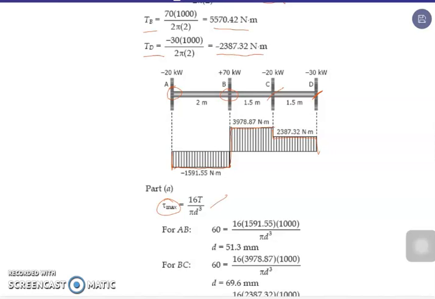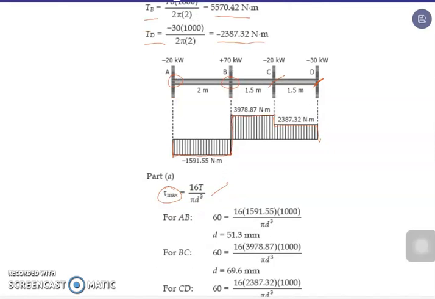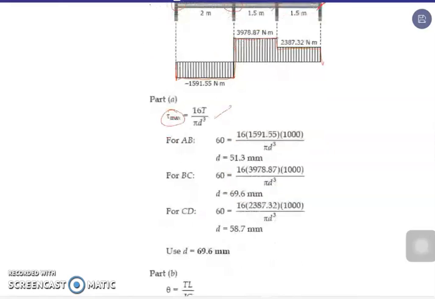So using that equation, we substitute the torque for member AB, member BC, and member CD, and we get the diameter, which is 51.33 mm.